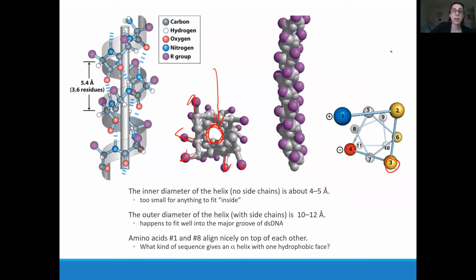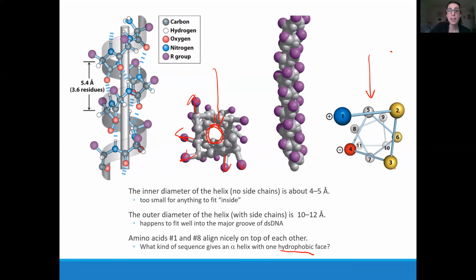So a question here is, based on looking at this kind of structure and where the amino acids are as you go through the alpha helix, if you wanted to have an alpha helix with a hydrophobic side, essentially, where one part of it is hydrophobic and the other part of it is not, where would you put your nonpolar amino acids?